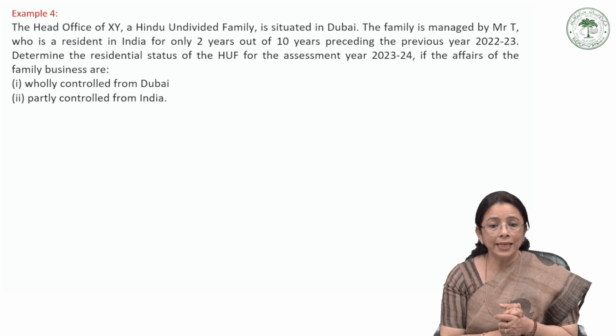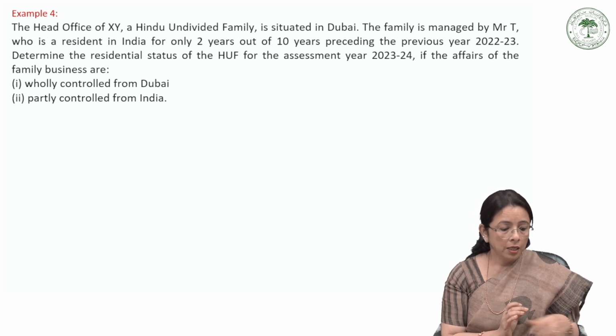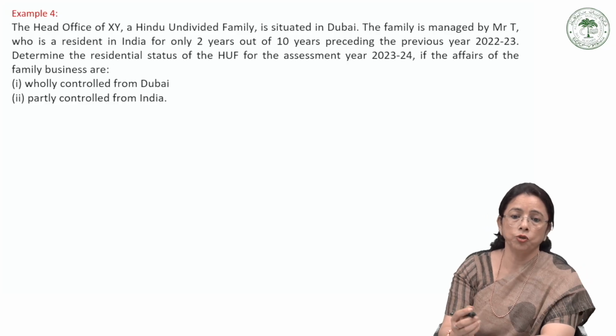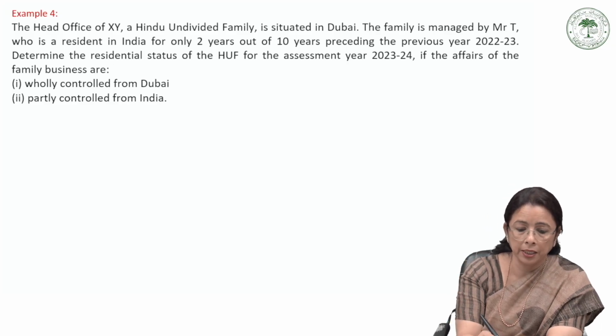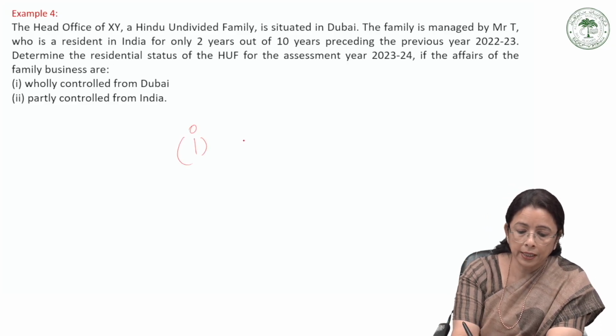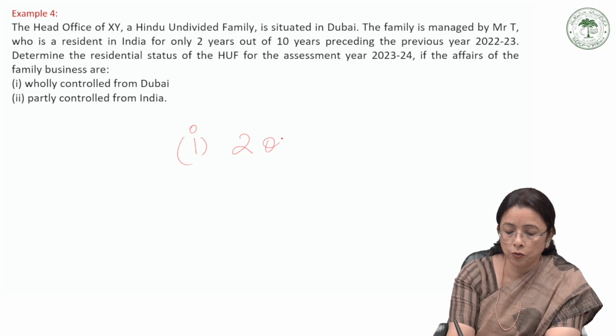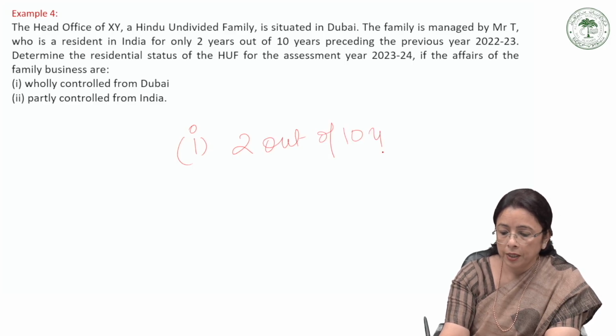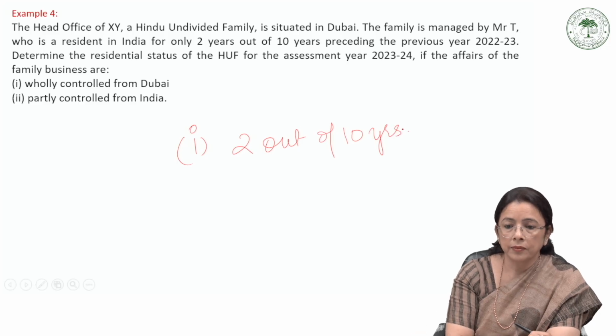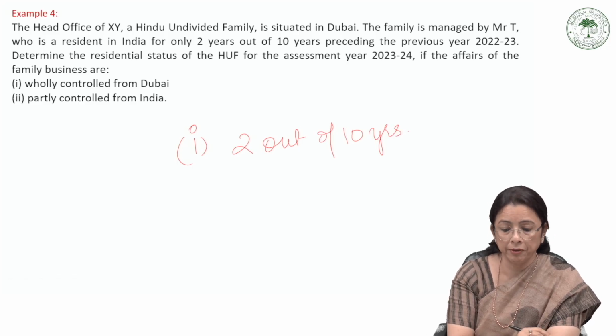First was that he has been resident in India at least, it says he should have been a resident in India for at least 2 years out of 10 years preceding the previous year.